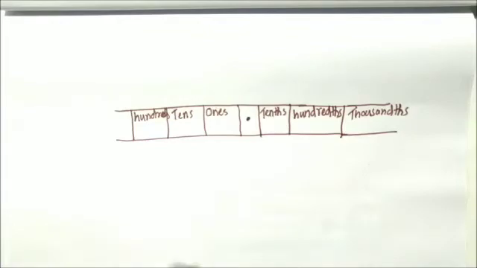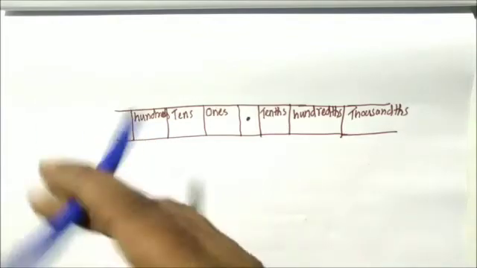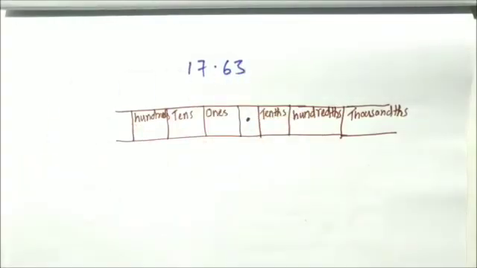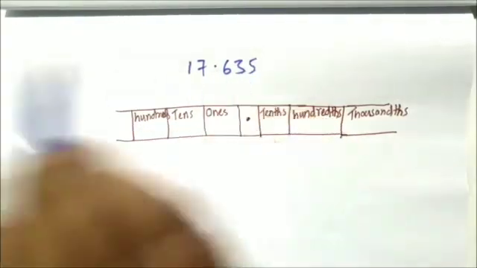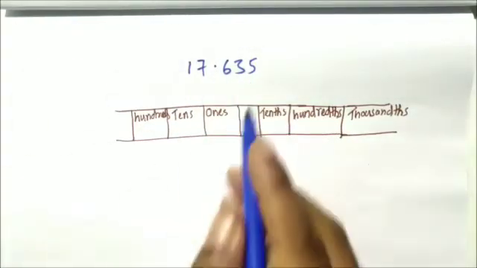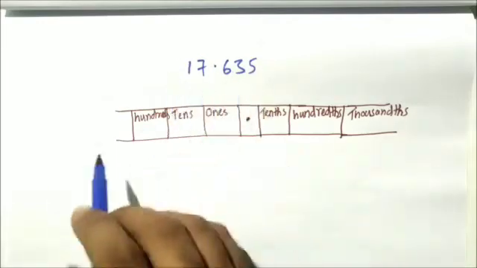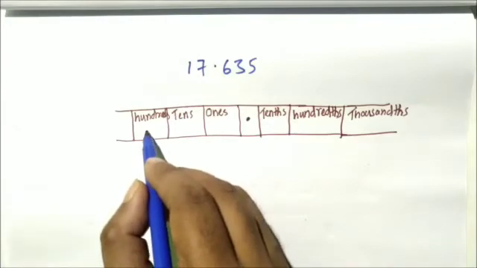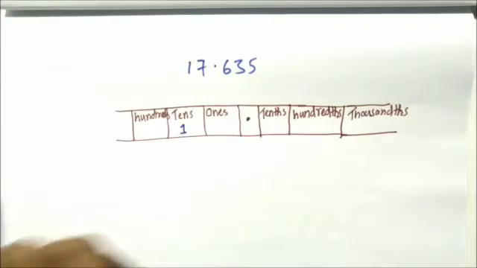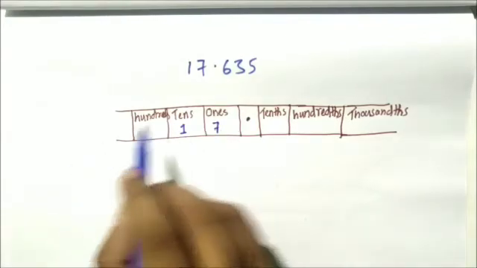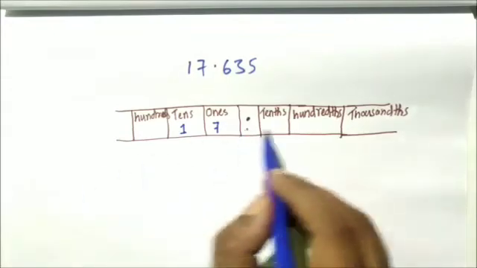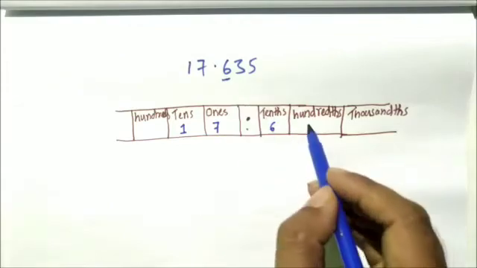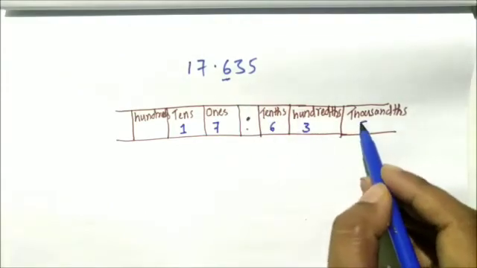Okay, say you have a number 17.635. This number can be placed in this table. How? 1 will be here in the tens place, 7 will be the ones place, point is here, and the tenths place is this one, 6, hundredths place is 3, thousandths place is 5.